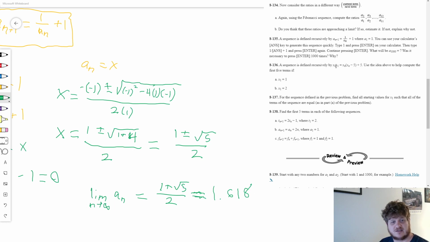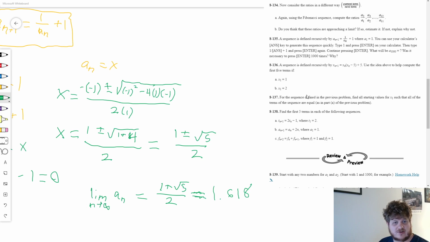So the idea is that you calculate your next term using your current value and the one before it. You're going to compute the first 5 terms. So for your n, you're going to put 1 here. So x sub 2 would be 1 times 1 minus 5 plus 5, and so on and so forth. And then you're going to do the same thing for x sub 1 equals 2 and write the first 5 terms.